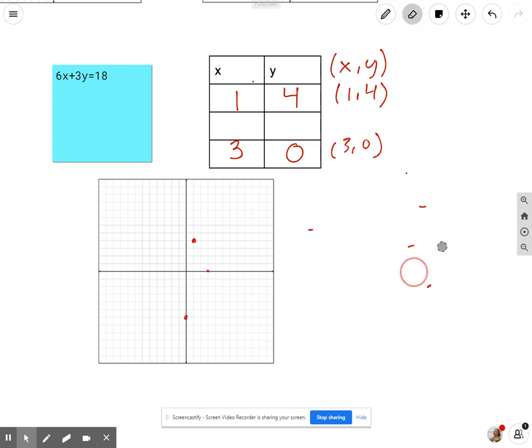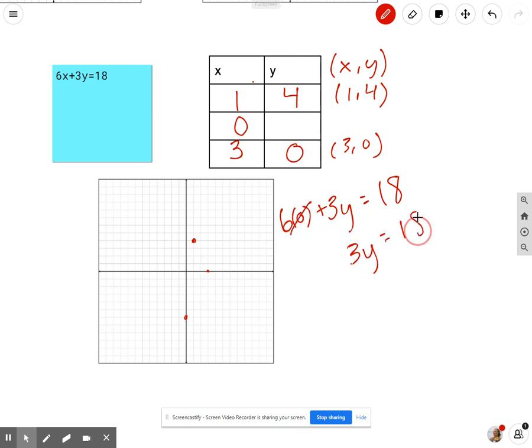Okay, so now I need to check that value that I had. So if I put 0 in for x, what I have is 3y. Oh, I see. I put a minus in there before. 6 times 0 plus 3y equals 18. That's just 0, so I have 3y equals 18. Divide by 3 on both sides.